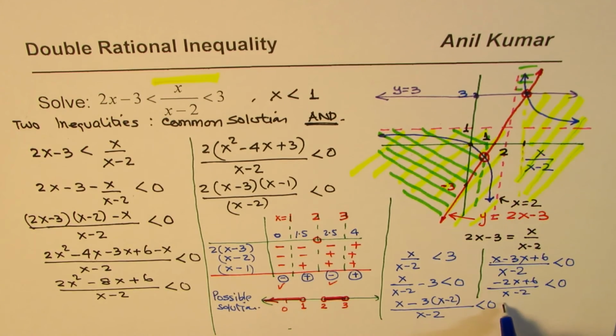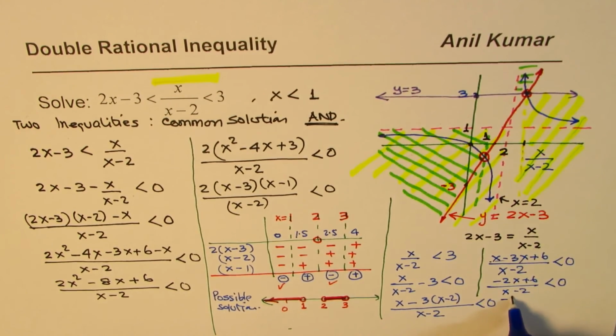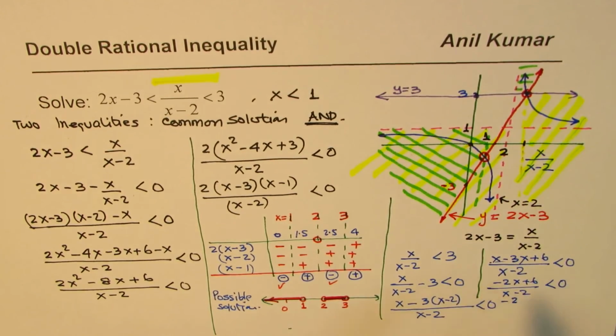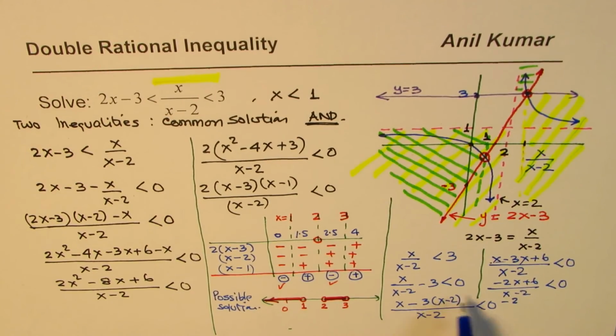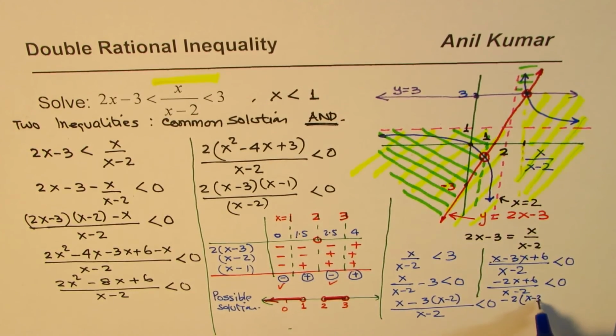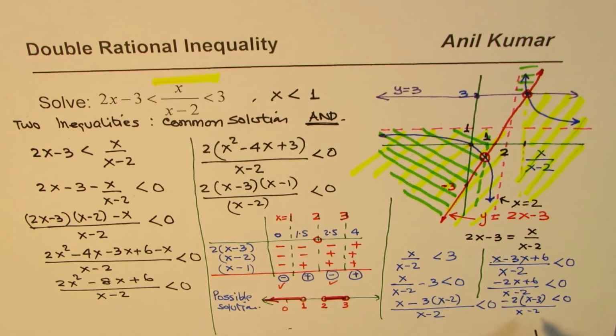So what we get here is minus 2 common, so minus 2 times x minus 3 over x minus 2, less than 0. Is that okay? So that is what we get.